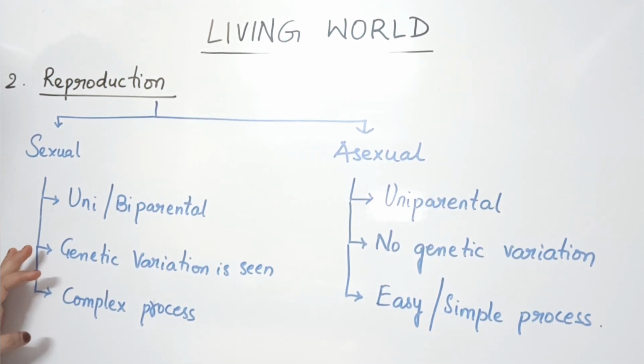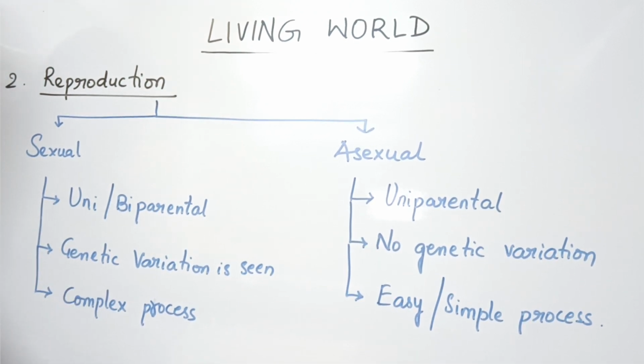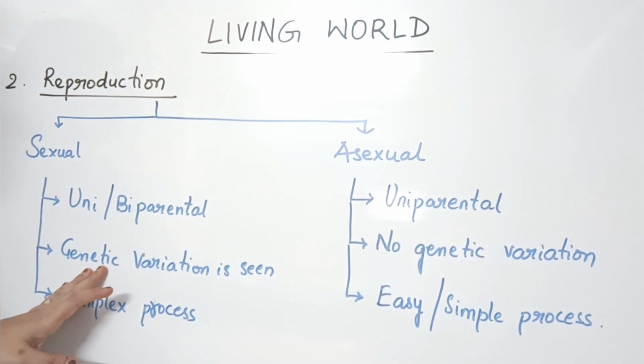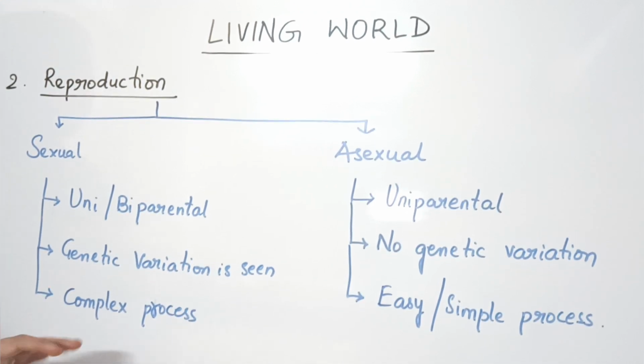For example, one human is different from another human. They are not clones, they are not similar. That's what we call genetic variation, seen in all the progeny. They may be similar, but they will not be identical. It is also a complex, involved and elaborate process.